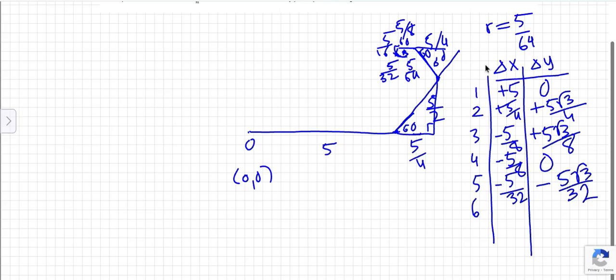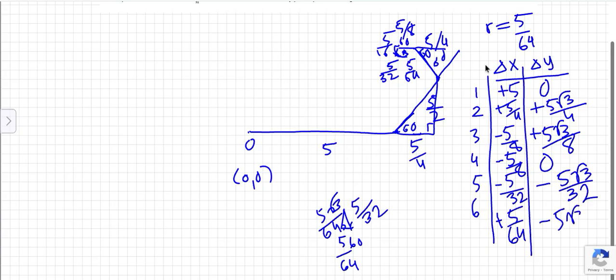And finally, for our final length there, I'm just going to draw it bigger here. We had that the hypotenuse is 5/32, and this angle here will be 60 degrees, which means this leg over here is 5/64, and then this would be 5 square root of 3/64. So that means, and we're going forward, which means that's going to be plus 5/64 for changing x, and then we're going down, which means this will be minus 5 square root of 3/64.